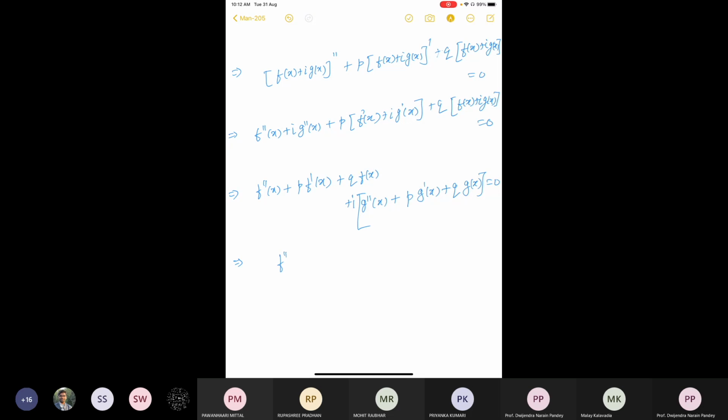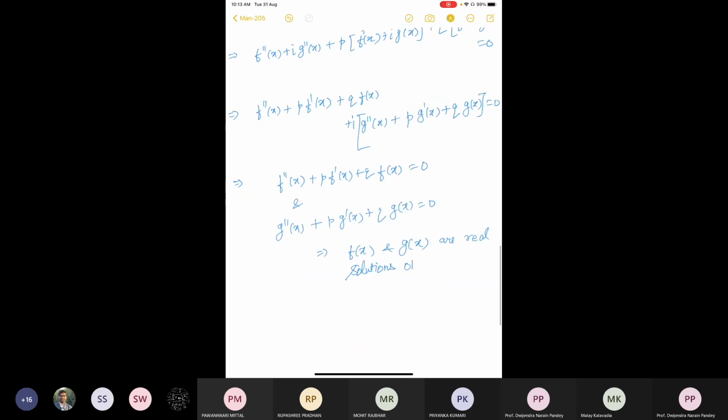So this implies that f''(x) + p f'(x) + q f(x) is equal to 0, and g''(x) + p g'(x) + q g(x) is equal to 0, which shows that f(x) and g(x) are real solutions of Ly = 0. Is it okay here? Yes.